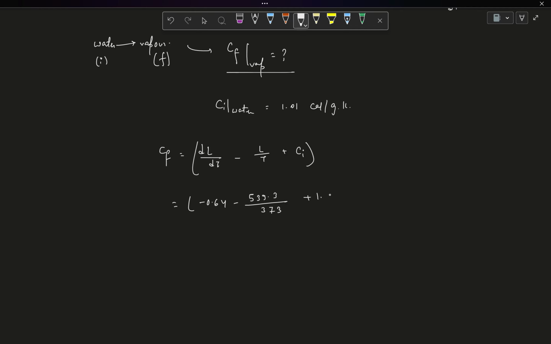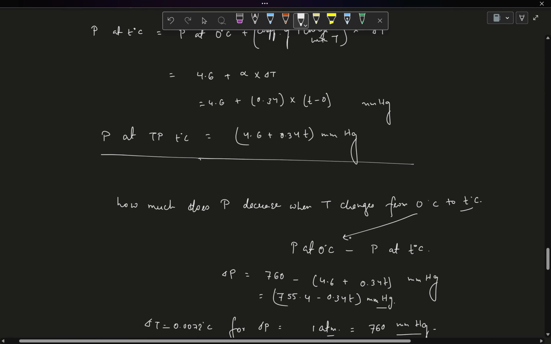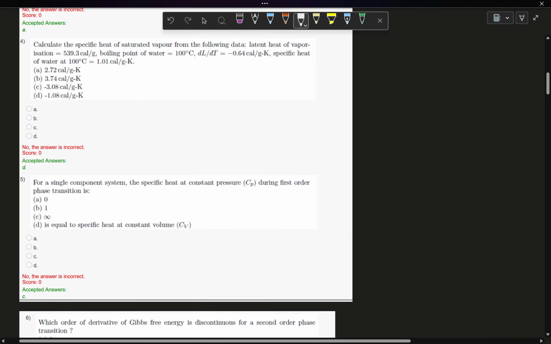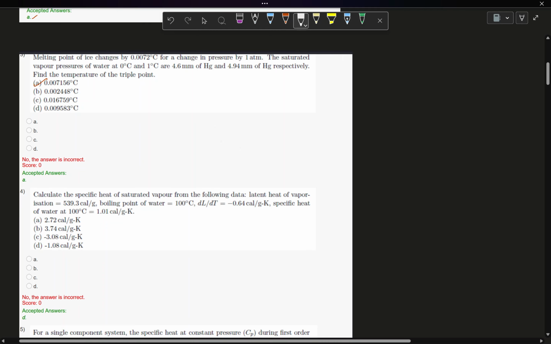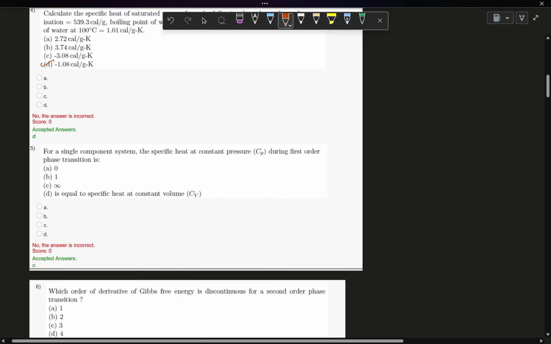Then plus Ci, which is simply 1.01 calorie per gram Kelvin. So this whole thing gives you the answer as 1.08 with a minus sign calorie per gram Kelvin. So this is your answer. This will be option number D that you have here. So your answer is minus 1.08 calorie per gram Kelvin.